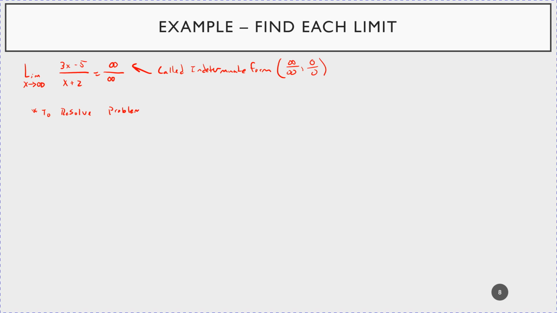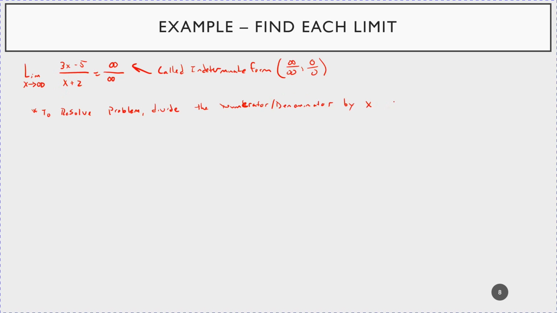Okay, so to resolve this problem, what you're going to do is divide the numerator and denominator by, in this case, what you do is you look at the denominator and you divide by x raised to the highest degree in the denominator. So in this case, it's x.